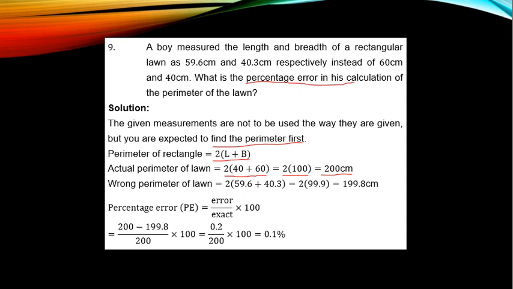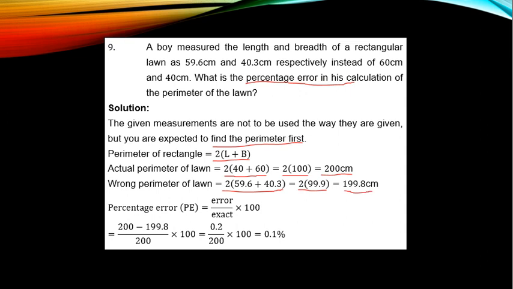Then we get the wrong perimeter using the wrong values of 59.6 centimeters against 40.3. So the wrong perimeter is 2 bracket open 59.6 plus 40.3. When added, you have 2 into 99.9. When multiplied, you have 199.8.